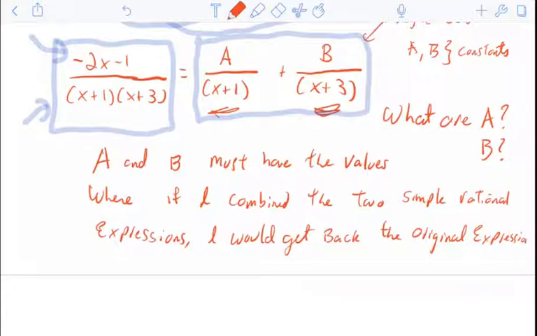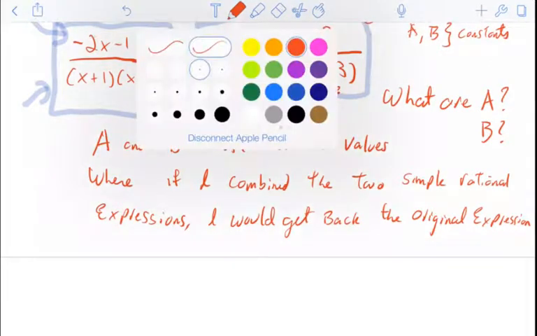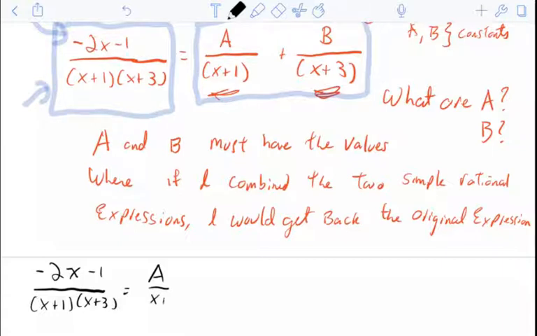Okay. So how do we do that? I'm going to copy everything we just wrote down. 2x minus 1 over x plus 1, x plus 3 is equal to A over x plus 1 plus B over x plus 3.